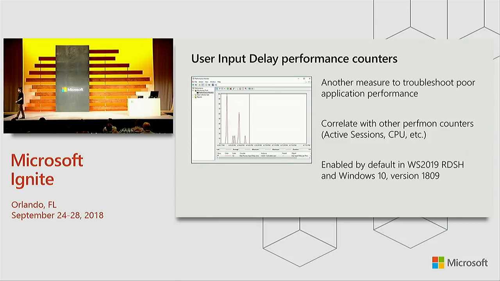And it's really that last gap that hasn't had much visibility. So that's what these perf counters do. That way you can combine these with all the other perfmon counters you might use.